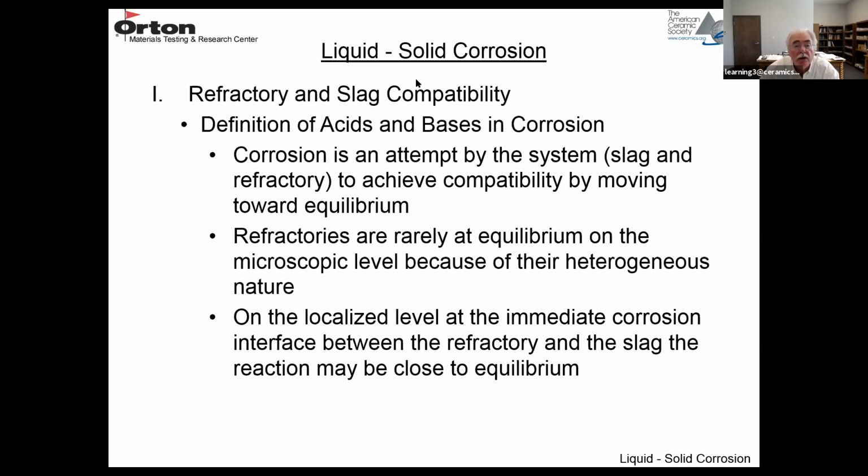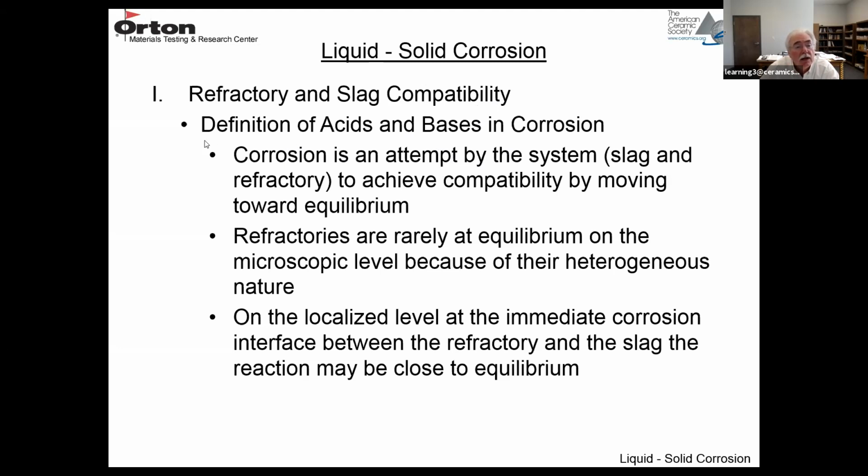So we were in the middle of corrosion testing, and we had just defined some equations for how to differentiate acids and bases in refractory corrosion. I think on the last lecture, when I talk about design, I'll talk about something called optical basicity, which is a better way of ranking the acids and bases, putting an exact number on them that you can use in those calculations.